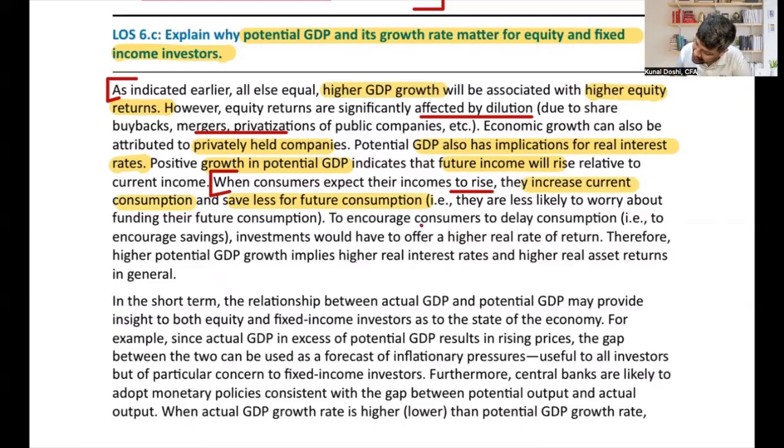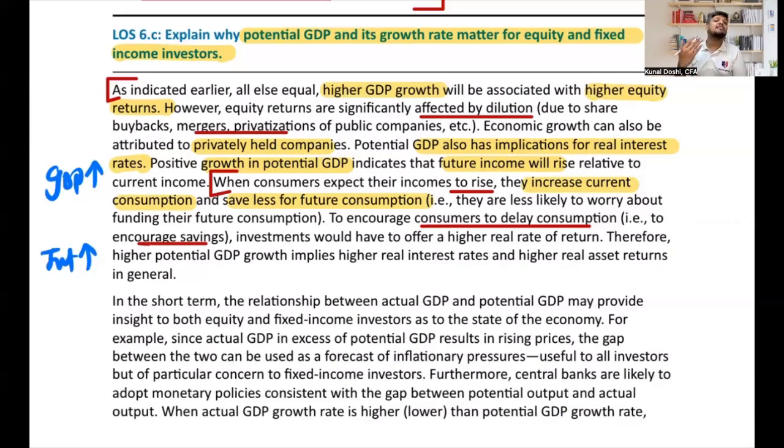So to encourage consumers to delay consumption so that they save, I will have to give a higher interest rate as an incentive for them to save. So whenever the potential GDP or the real GDP is expected to rise, naturally the interest rates will also have to be increased.